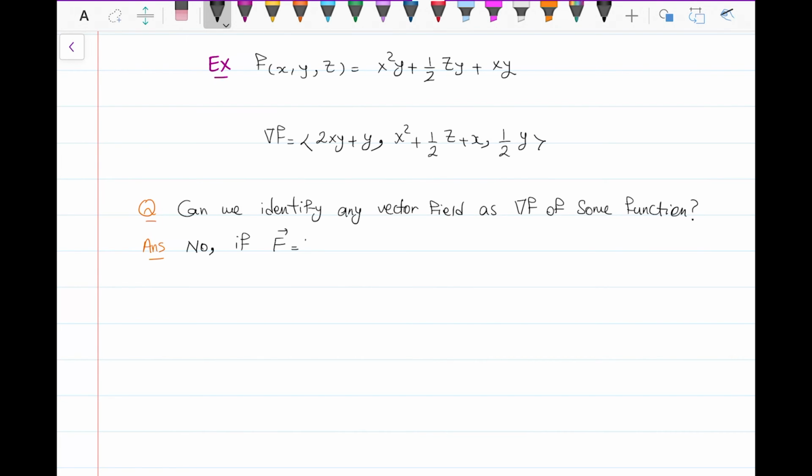If the vector field is the gradient of a function f for some function f, then we say that it is a conservative vector field.